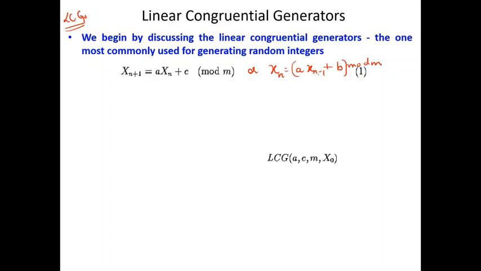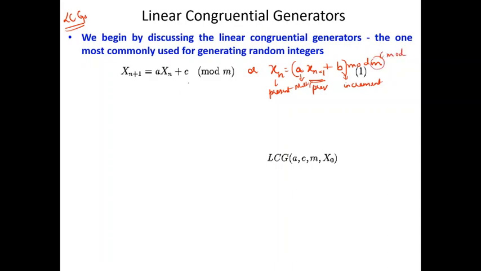In this case, xn minus 1 represents the previous number generated. So this is the previous number. This is the present number to be generated. A is the multiplication value, the multiplier, and b is the increment. As you can see, it is plus b. And m is the modulo value.